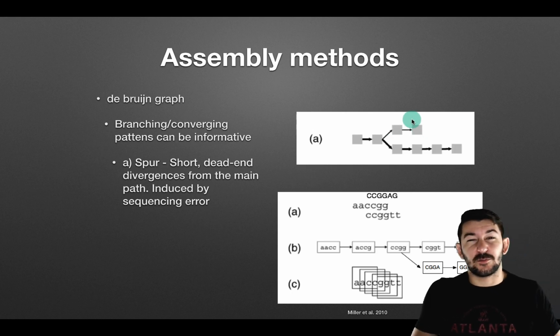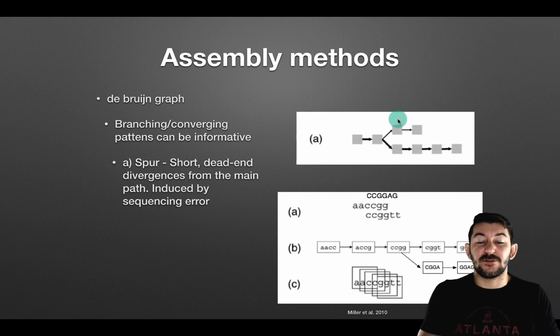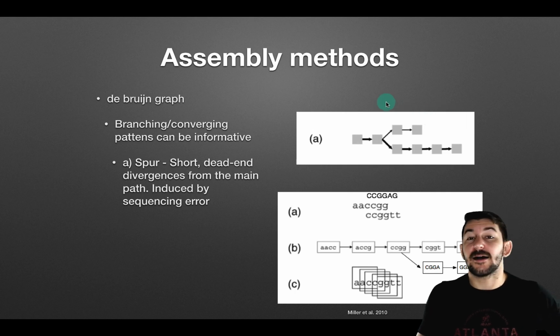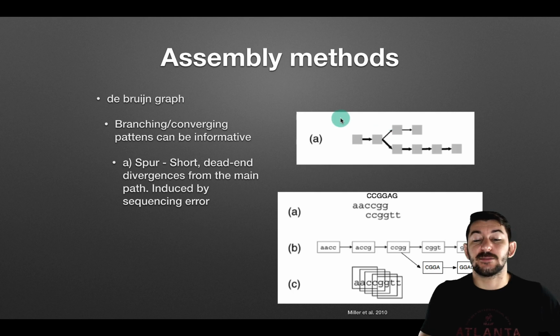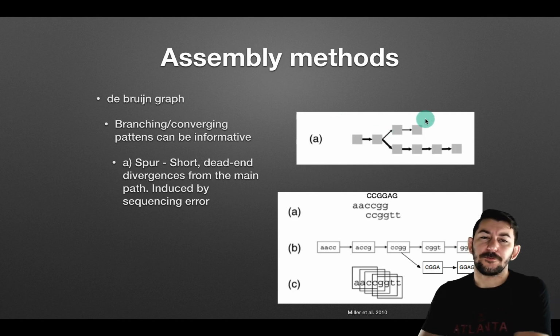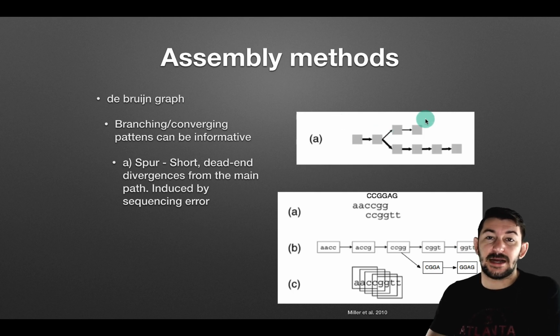This is what we would call a spur. This is something that's very easy to identify from our graphs after we assemble all of our k-mers, and go, that's probably not biological. It's only one or two base pairs of difference. It's not supported by a lot of reads. It's probably just sequence error. So many times we can prune off these spurs and move on to thinking about biological issues.